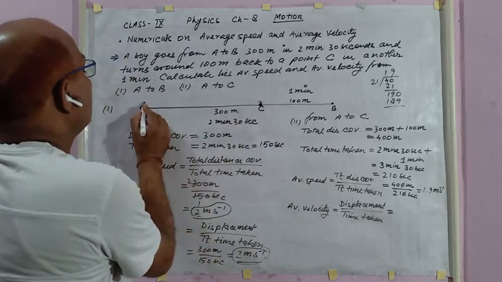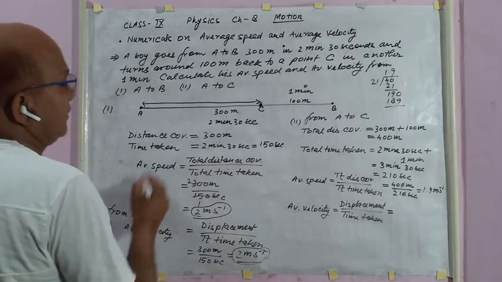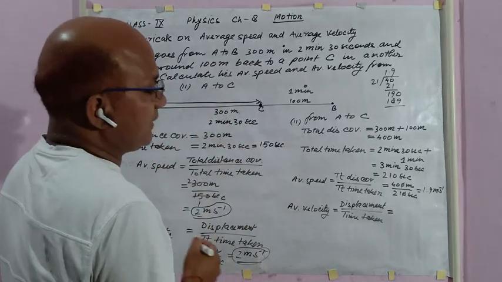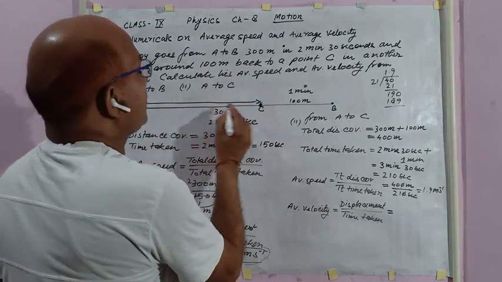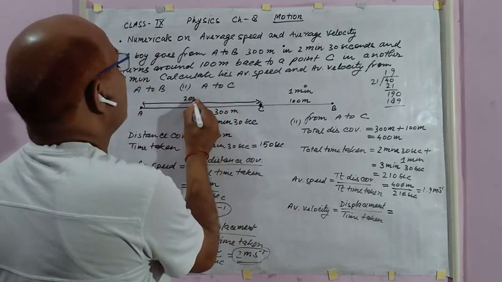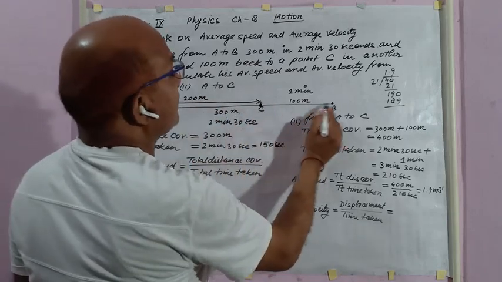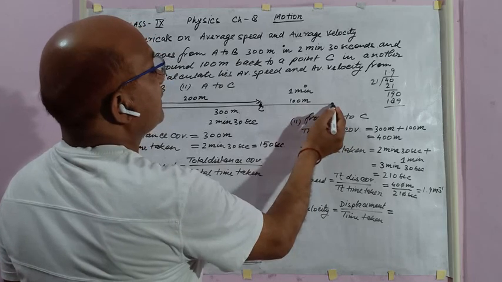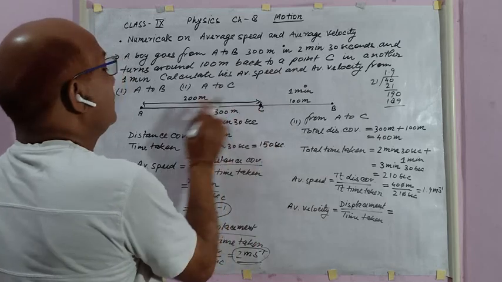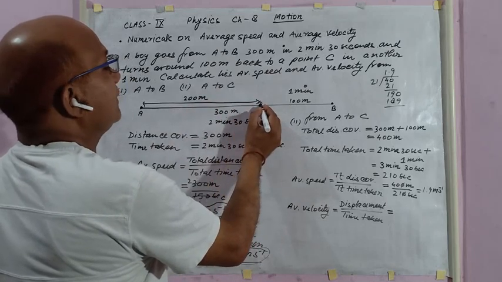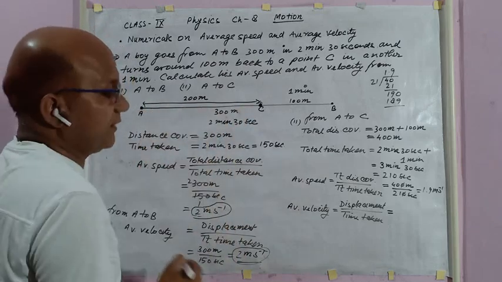So it is the shortest distance between initial and final position. So this value will give you displacement. In this case, the displacement will be 200 meter because from A to B is 300 meter, then he turns back and reaches C, 100 meter. So this is the final position and this is the initial position. So this distance is 200 meter.